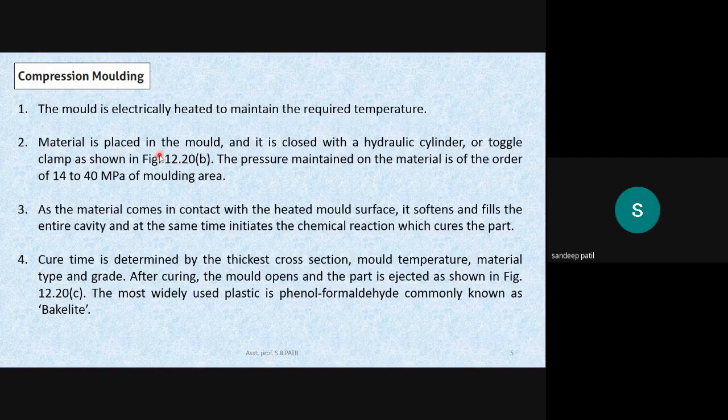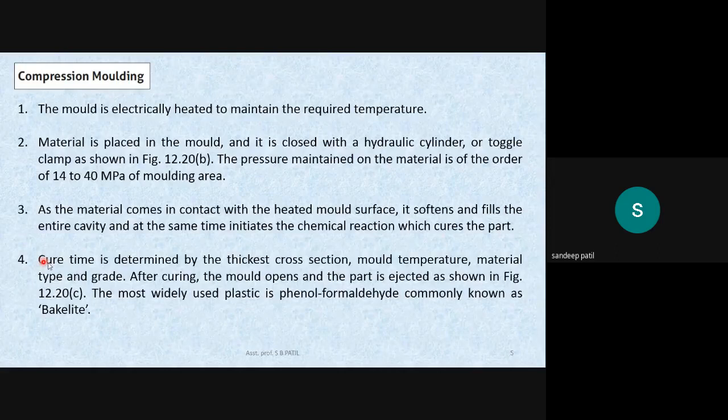The material is placed in the mold and it is closed with a hydraulic cylinder or using toggle clamps. The pressure maintained on the material is of the order of 14 to 40 MPa of the molding area. As the material comes in contact with the heated mold surface, it softens and fills the entire cavity, and at the same time initiates the chemical reaction which cures the part.